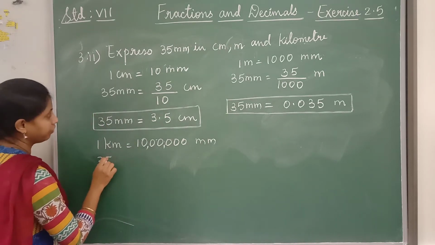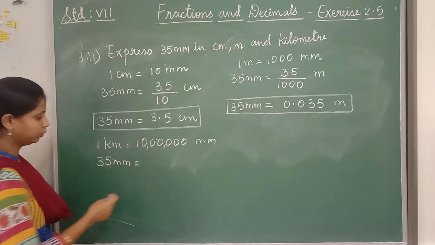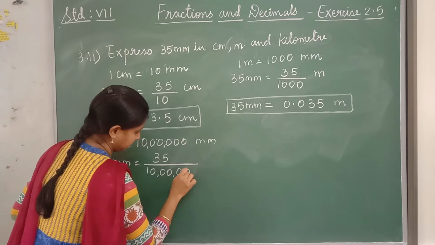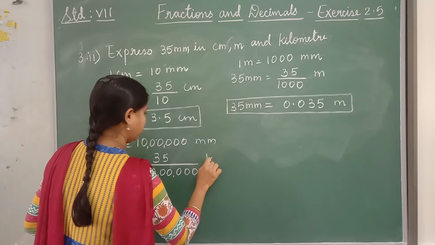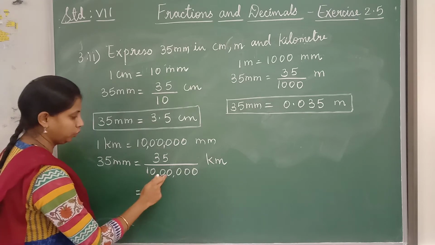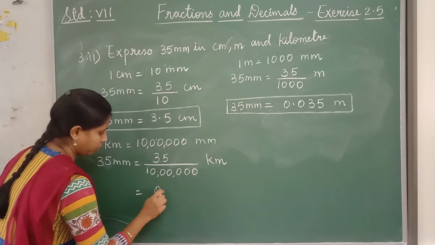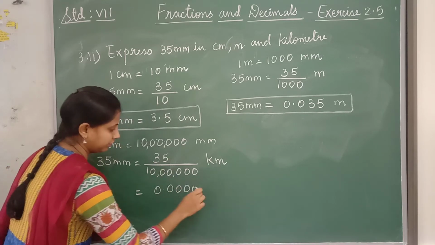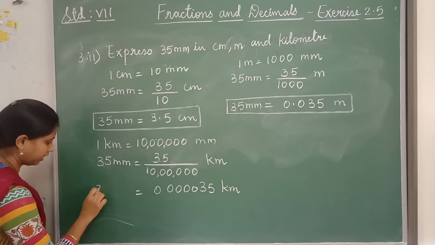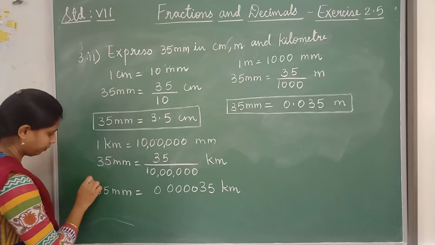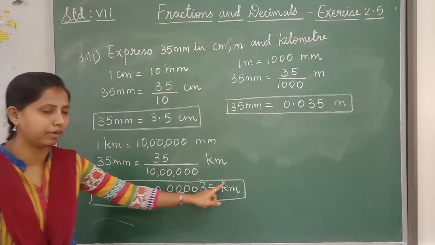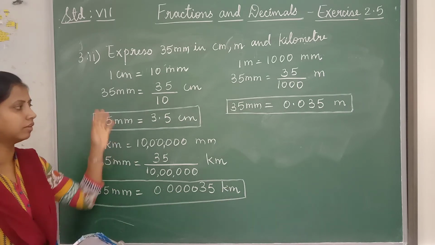Now 35 millimeter will be equal to 35 upon 10 lakh kilometer. We are converting into kilometers. So when you divide it, 1, 2, 3, 4, 5, 6 zeros. So 0.000035, 1, 2, 3, 4, 5, 6 kilometer. So 35 millimeter is equal to 0.000035 kilometer. Okay, children.